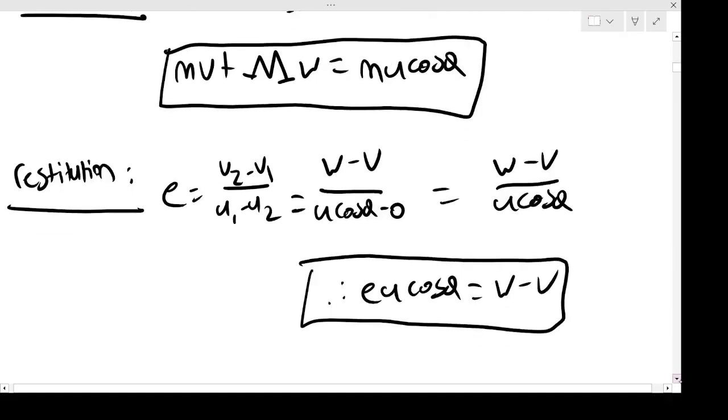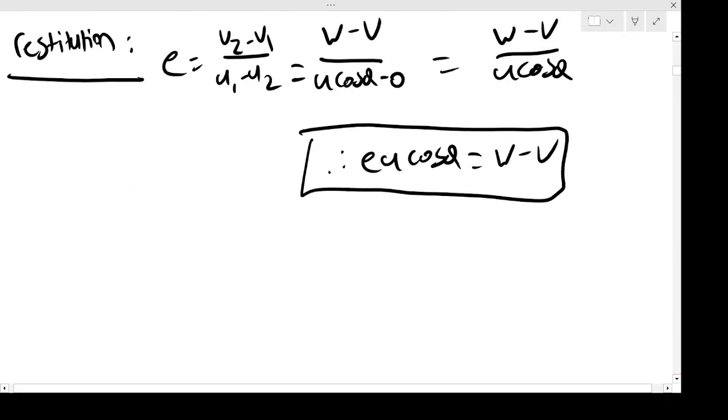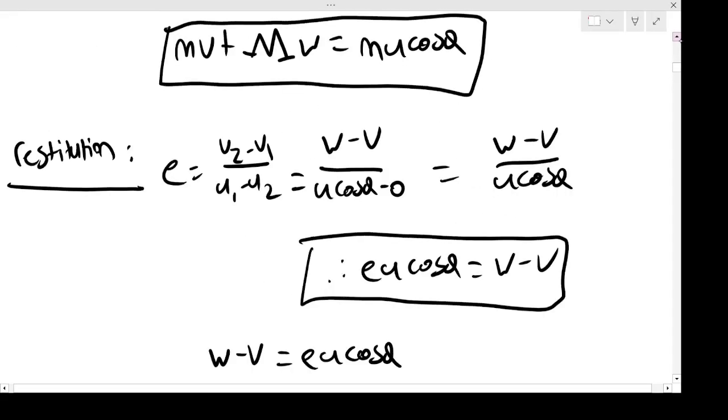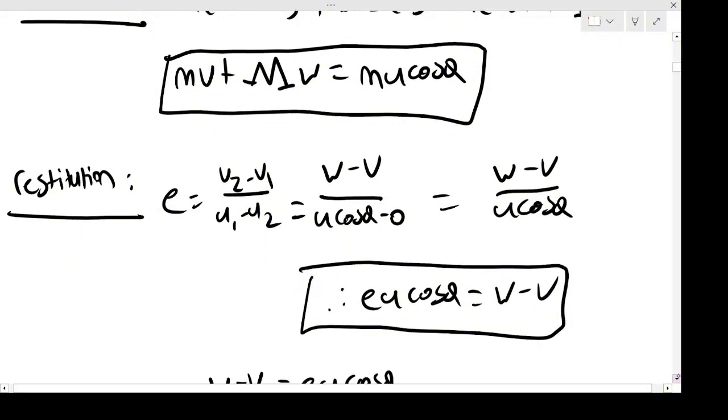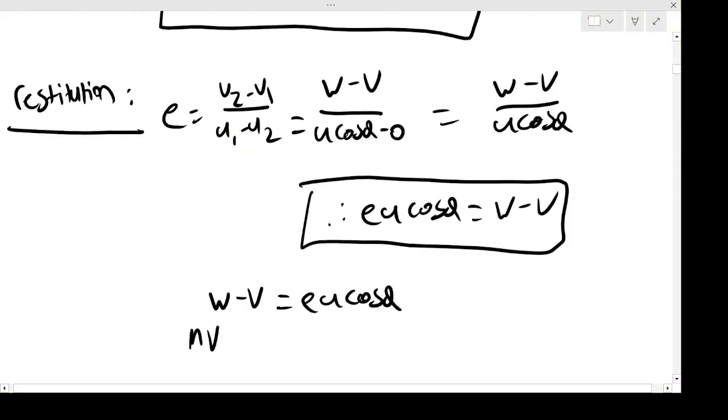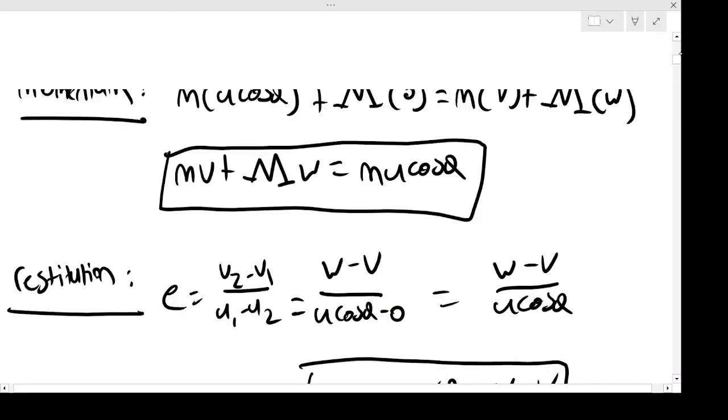So I've got these simultaneous equations. So W minus V is eu cos alpha. And then I also have that little mV add big MW is going to be mu cos alpha, I believe.